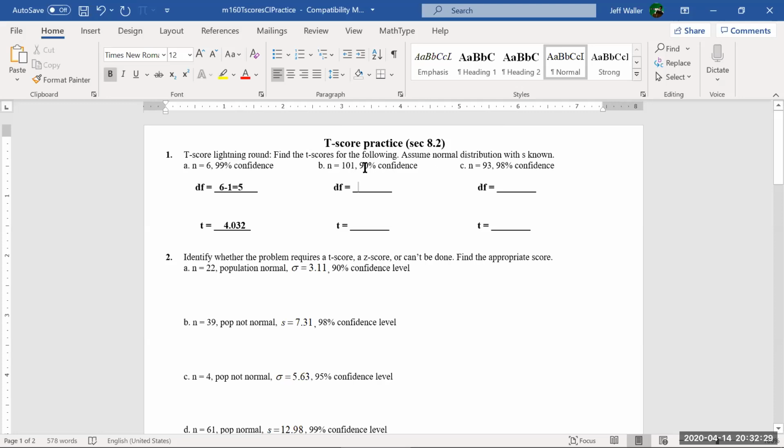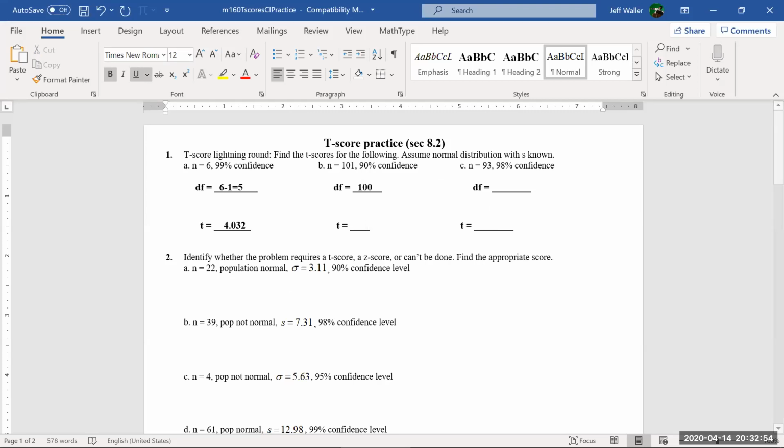Now I know that I have 10% in 2 tails, 90% inside, 10% outside in the tails. Degrees of freedom, of course, I'm going to stop writing minus 1 because we know degrees of freedom is n minus 1. So that's 100. And now I can look up the t-score.